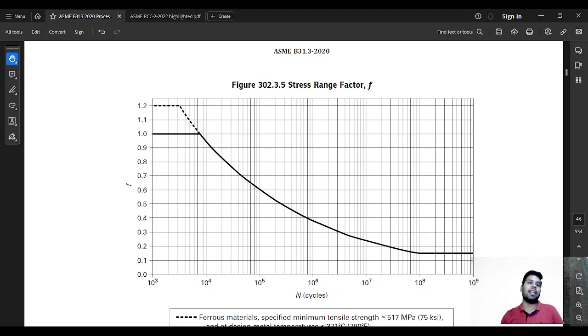Creep damage generally happens at elevated temperatures, generally at 0.4 times the melting temperature of the material. So if the material is going to melt at 1000 degrees Celsius, then at 400 degrees Celsius service it is going to be subjected to creep when it is worked in repeated cycles. Okay.